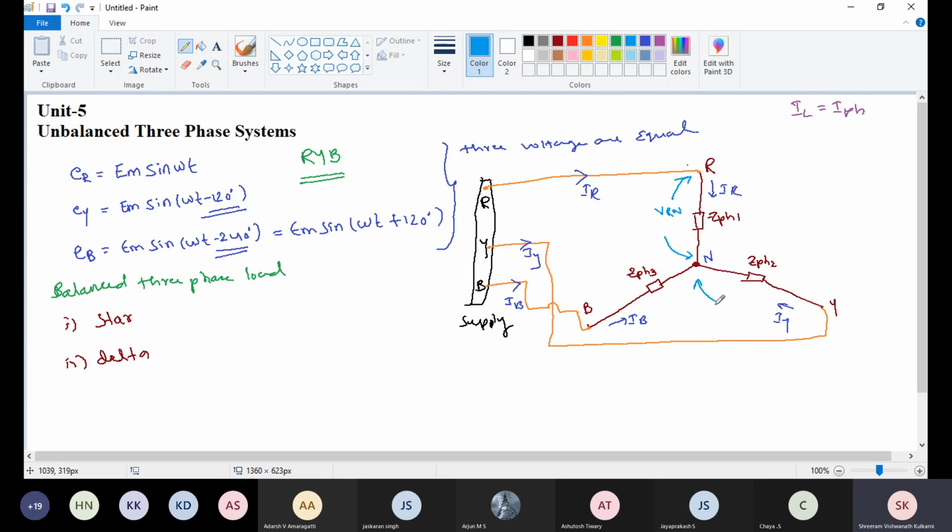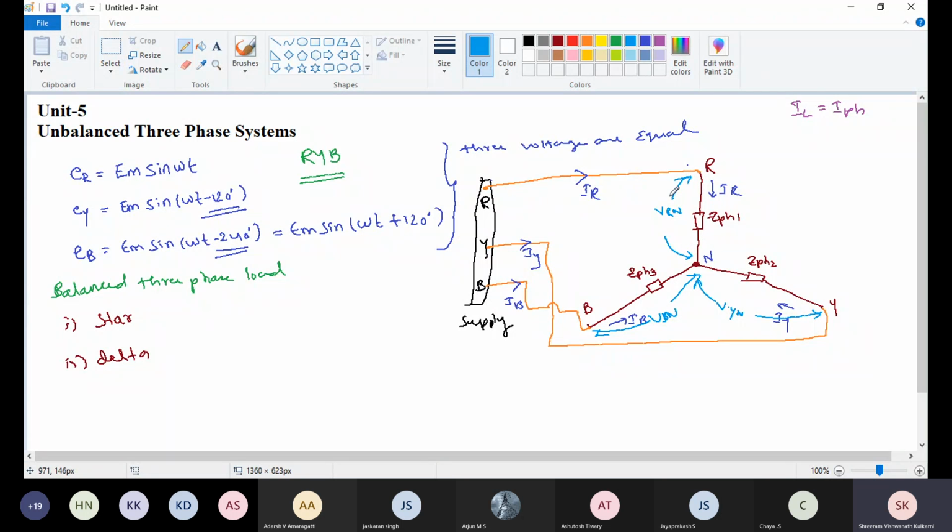You know this one, I am just brushing it up. V Rn, then V Yn, the voltage across the Y phase, and the voltage across the B phase, V Bn. Generally, while writing the equation, we are not going to write N, so VR, VY, VB are my phase voltages.